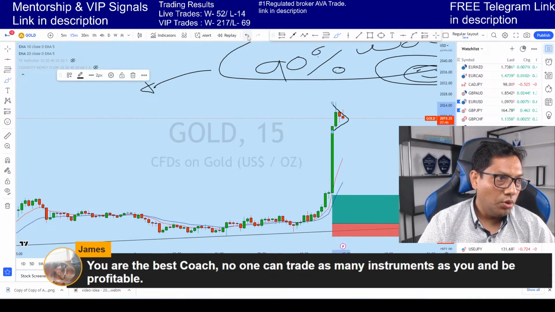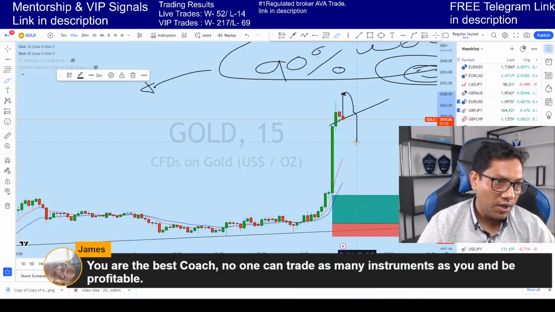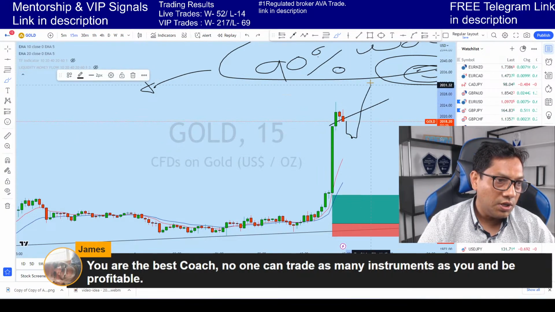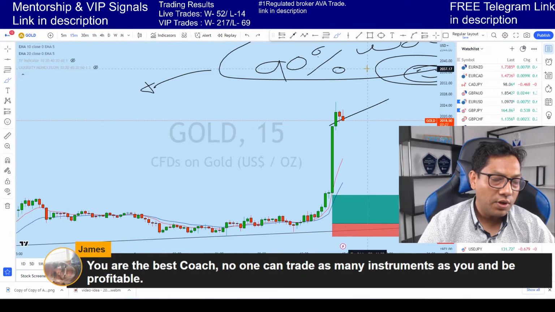Okay, with the triangle formation, it will first break down, and then if without grabbing liquidity it goes up, then it will come back down again to grab liquidity, and then it will go up, or it will first come down, grab liquidity, and then it will go up.